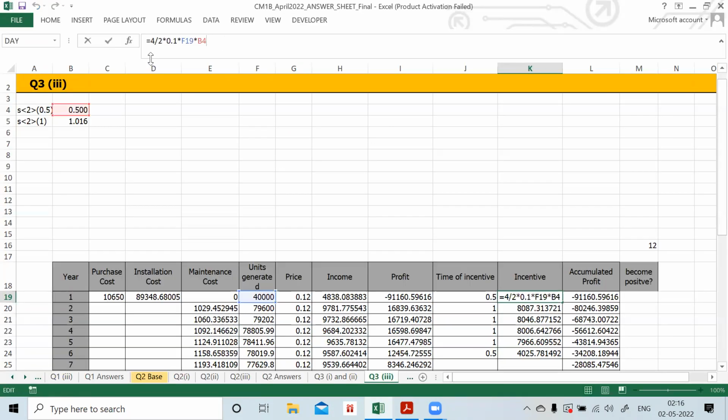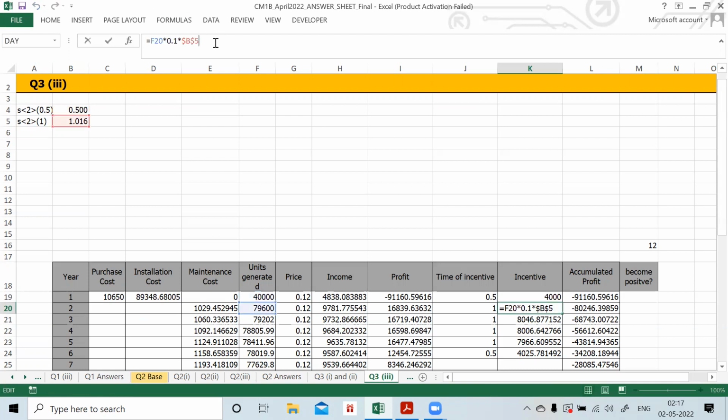So this was quarterly units, 4 by 2 we did into 0.1. 4 is quarterly payments, 2 is because it is being received semi-annually, into 0.1 is the rate of the incentive, into B9, F19 is the unit generated, into B4 is the factor accumulating it for half year.